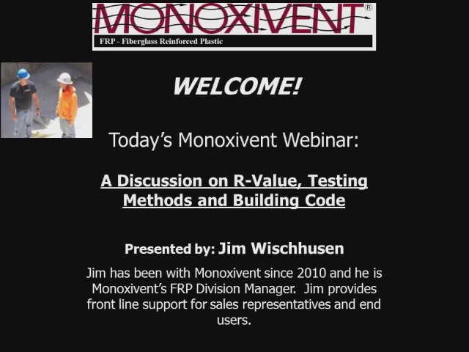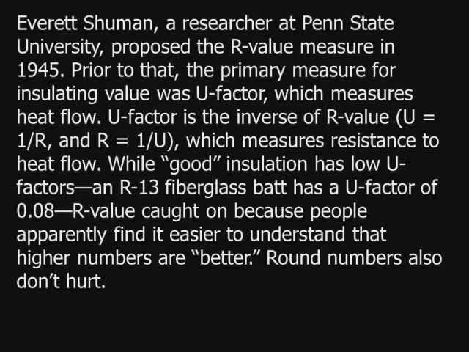Now, for all of you trivia buffs, you Jeopardy fans, there actually is a history for R value. Prior to 1945, engineers talked about U factor, and the U factor basically describes how much heat can pass through a given material. So the lower the U factor, obviously the higher the insulation value.